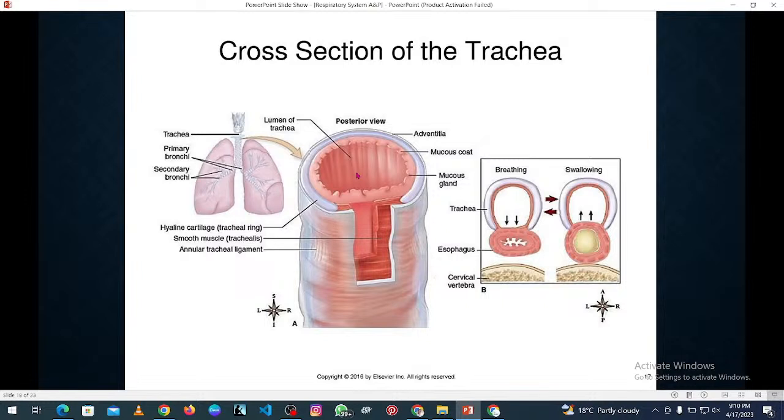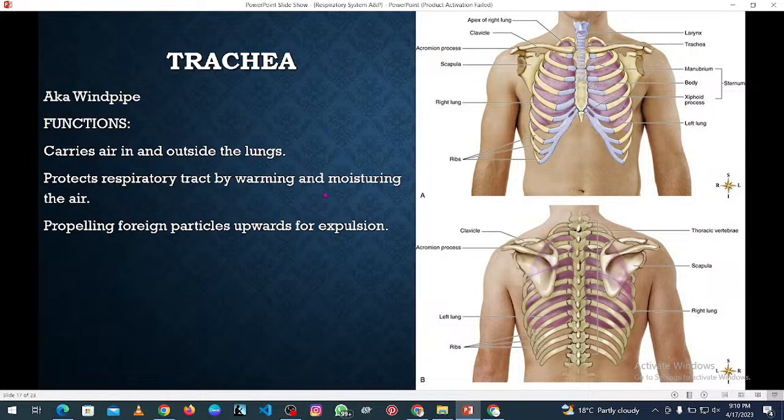So we have a lining here called ciliated hairs in the mucosa that help propel the foreign particles upwards for expulsion.